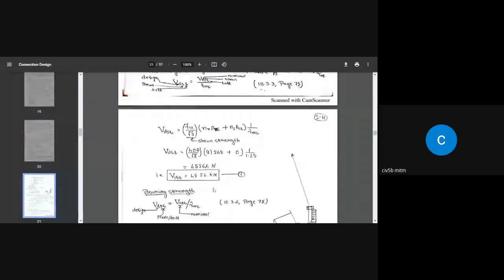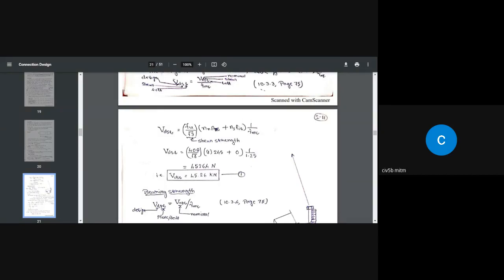So coming here, this gives the shear strength of the bolt, that is FU by root 3 multiplied by nn Anb plus ns Asb. nn is the number of shear planes through the net area, where n stands for net and b stands for the bolt, Anb is the net area of the bolt, multiplied by the number of surfaces, plus ns, where s stands for shank, Asb the area of cross section of the shank, and b stands for the bolt.